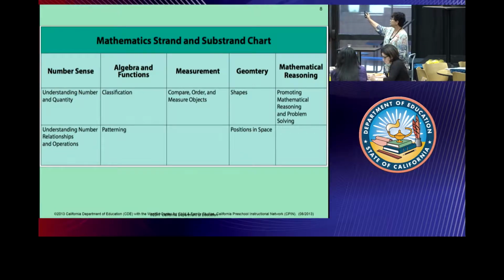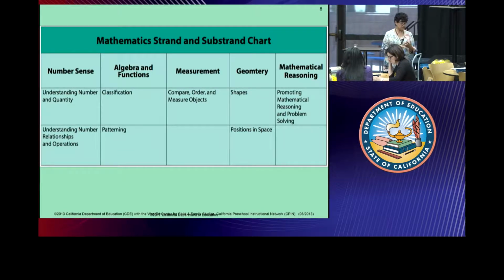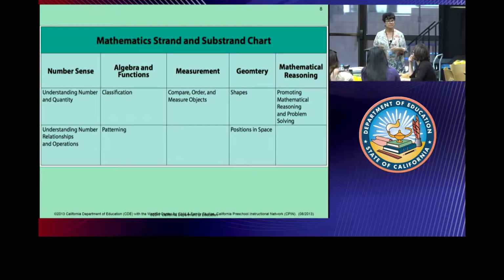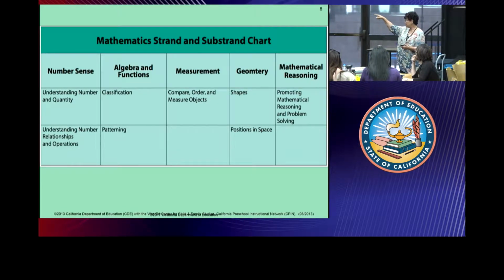So to follow up with that, the strands and the substrands that are in our foundations and frameworks, especially in mathematics, you have the number sense, and then you have the algebra and functions, the measurement, geometry, and mathematical reasoning. Just going back to our STEM challenge, were we doing any number sense strands and substrands in that activity?